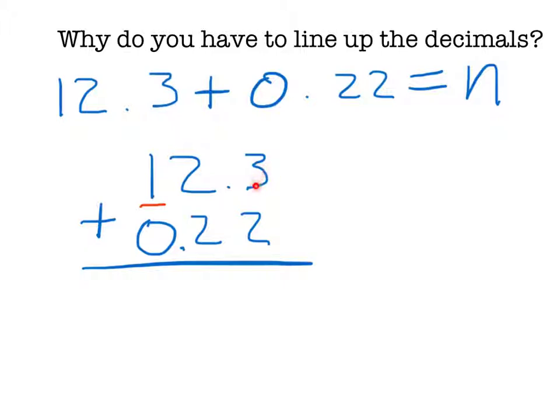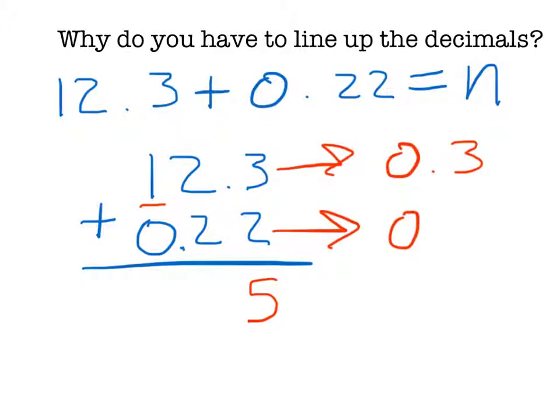And then finally, we've got this 3, which is in the tenths place, and this 2, which is in the hundredths place. I can't just add those together, because if I add 3 tenths to 2 hundredths, just adding, that should be 5. But this is 0.3, and this is 0.02.